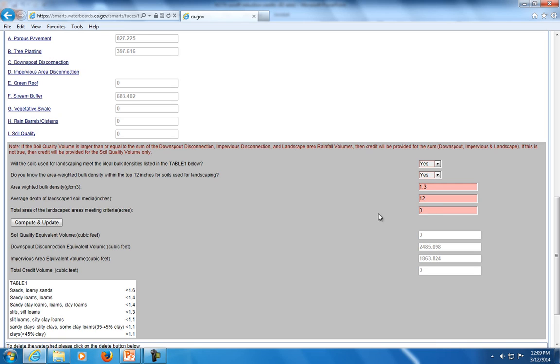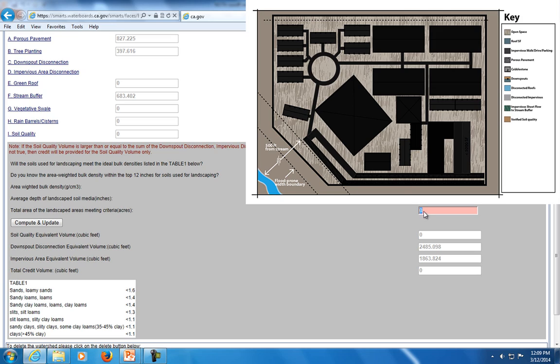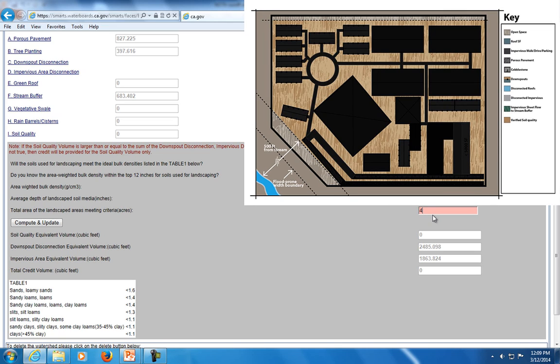You can achieve that. And then it's asking for the total area of the landscaped areas meeting the criteria. So let's say we've got 4.5 acres of landscaped area that meet that criteria. Okay, so not the entire amount, but we'll put 4 acres.